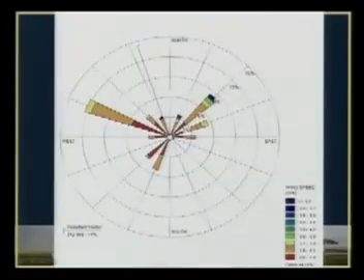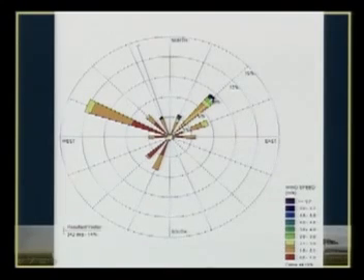What you see here is, in the center, the calm conditions, and we have plotted in various directions what percentage of time the wind was there. This is what I had shown you earlier, which we plotted ourselves.